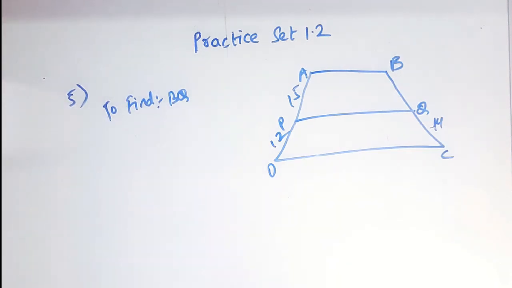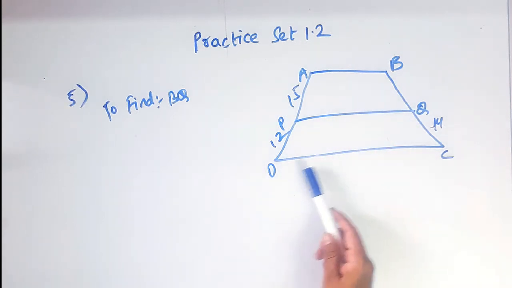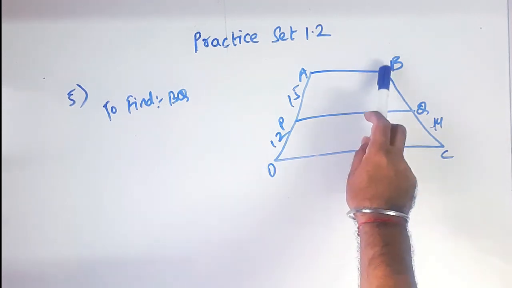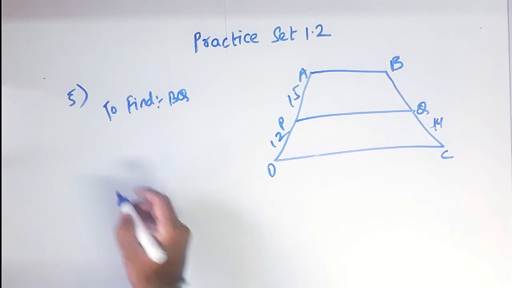Now children, you can see AB is parallel to PQ is parallel to DC. Here the result is somewhat similar to BPT. As in BPT you had AP upon PD equal to BQ upon QC, here also the result will be the same.